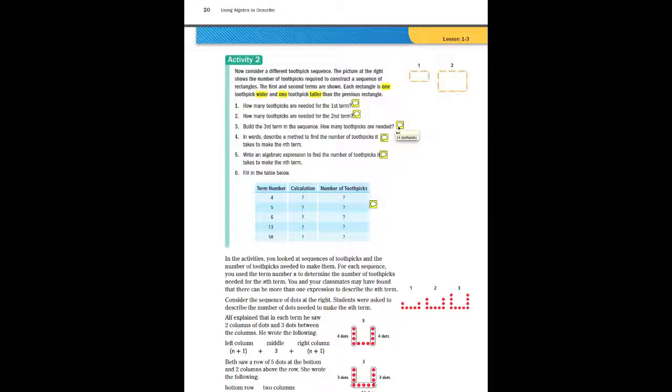And now we want to try to describe this in words that allow us to determine the nth term. In other words, by terms, what had happened. So it was the first term plus the amount we added. So we had 1, and we had 1, 2, 3, 4, 5, 6.